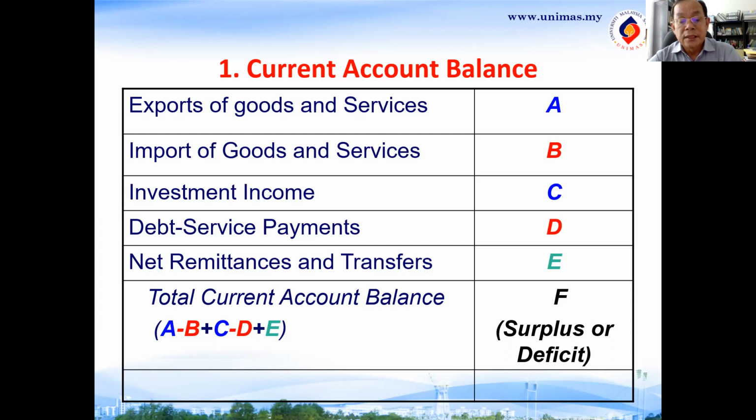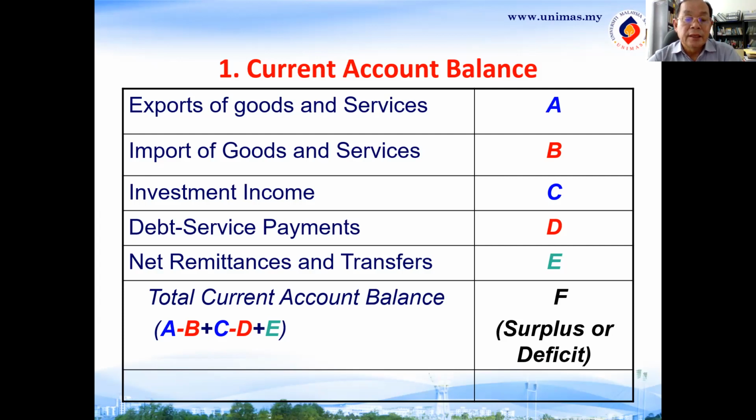So in other words, the total current account balance for a country could either be a surplus, which could be a result of more exports rather than imports, ataupun as a result of more foreign direct investment and so on, ataupun a deficit.